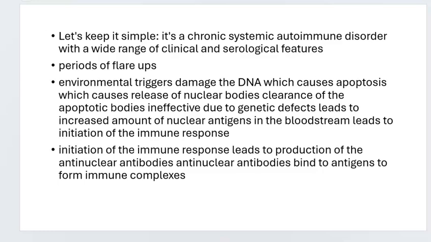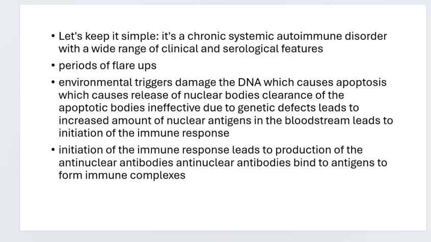It's marked by periods of flare-ups and then remittance. Environmental triggers will damage the DNA, which causes apoptosis, which causes the release of the nuclear bodies, which causes the apoptotic bodies to become ineffective due to genetic defects. Those defects lead to an increased amount of nuclear antigens in the bloodstream, which leads to initiation of the immune response.